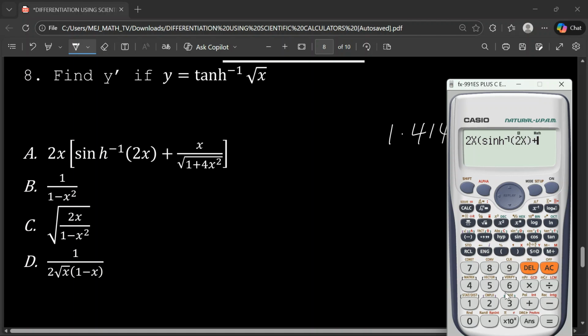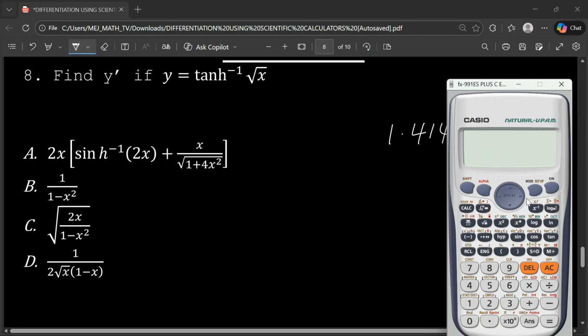Then we have plus alpha x on root of 1 plus 4 alpha x squared. Then we close the entire function. We're having 1.234, which is not 1.414.